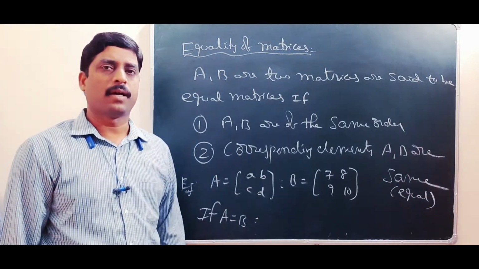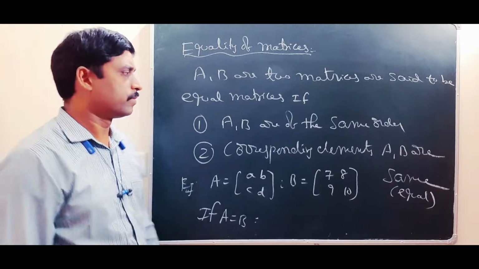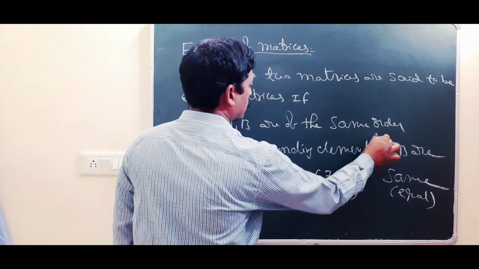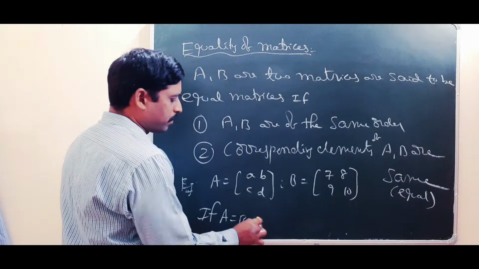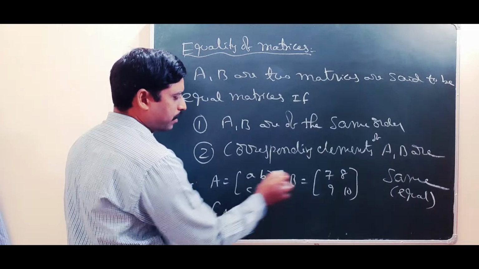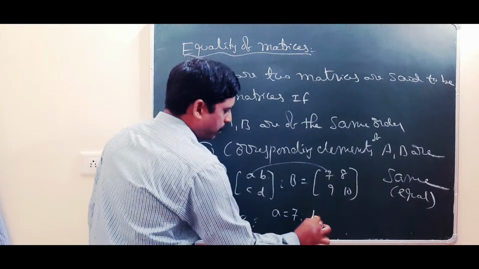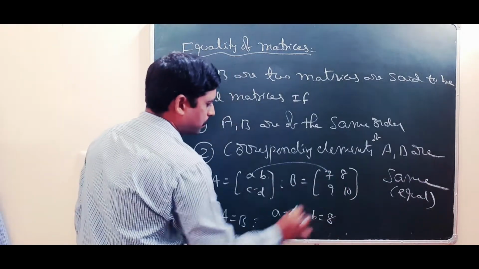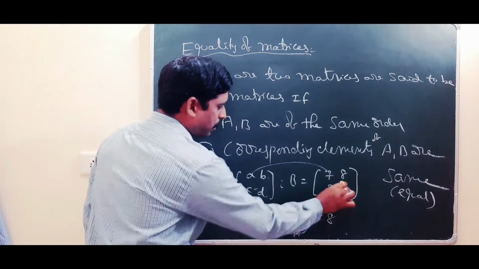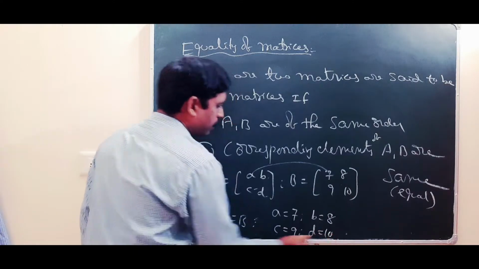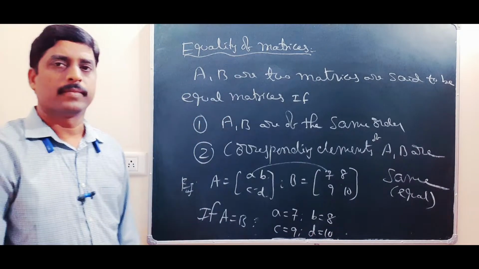Corresponding elements of A and B are equal. Their corresponding elements: a is equal to 7, b is equal to 8, c is equal to 9, and d is equal to 10. This is the concept for equal matrices.